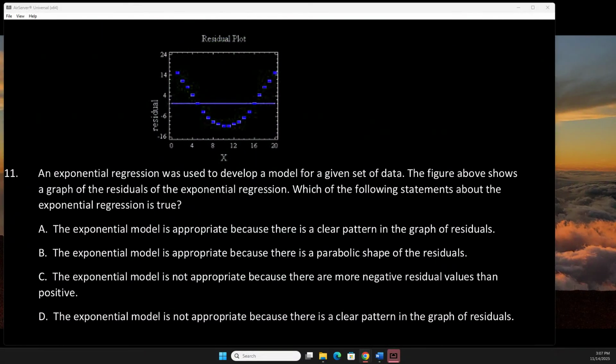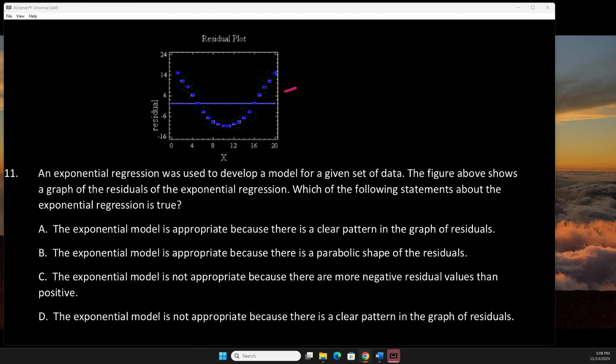Okay, here are a couple more residual questions. And so on 11, the exponential regression was used to develop a model for a given set of data. The figure above shows the graph of the residuals of the exponential regression. Which of the following statements about the exponential regression was true? So we did an exponential regression, and this is what we got. So you have to figure out, was this appropriate?